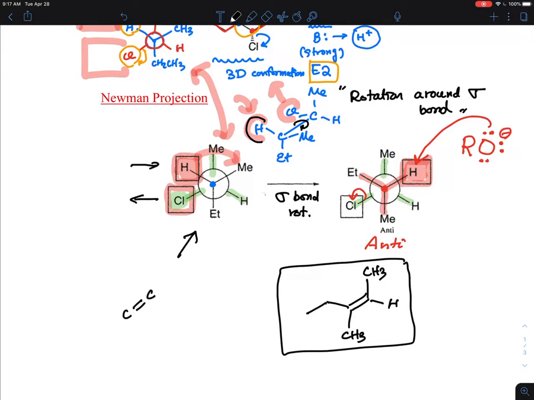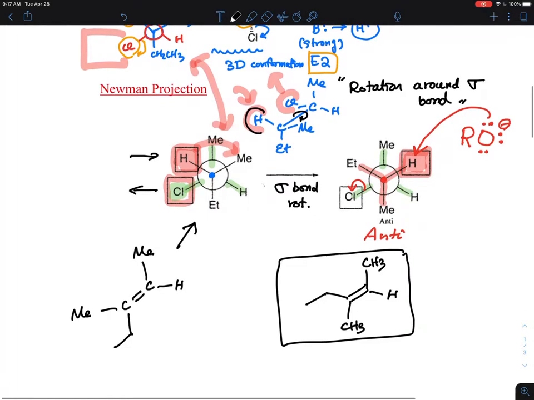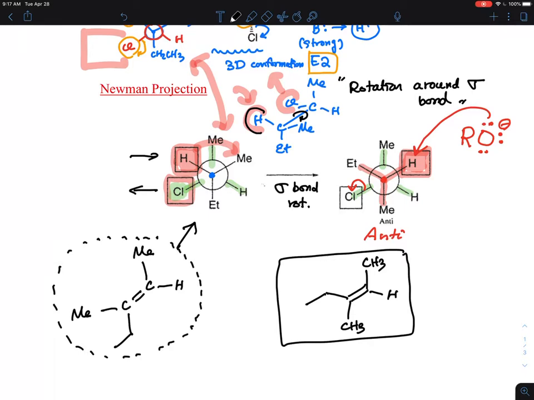So this is a front carbon methyl, and that's a back carbon methyl, and then this one is an ethyl, and this is a hydrogen, right? I put a dotted one because you didn't correct for the geometry for the steric hindrance. So this is the wrong answer, and this is the correct answer. And so they're supposed to be this way.